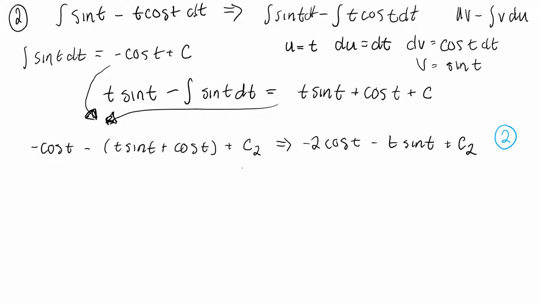We're going to go ahead and do the third one now. The third one was the integral of cosine t dt plus cosine t plus t sine t dt, which we can again break up into smaller ones.